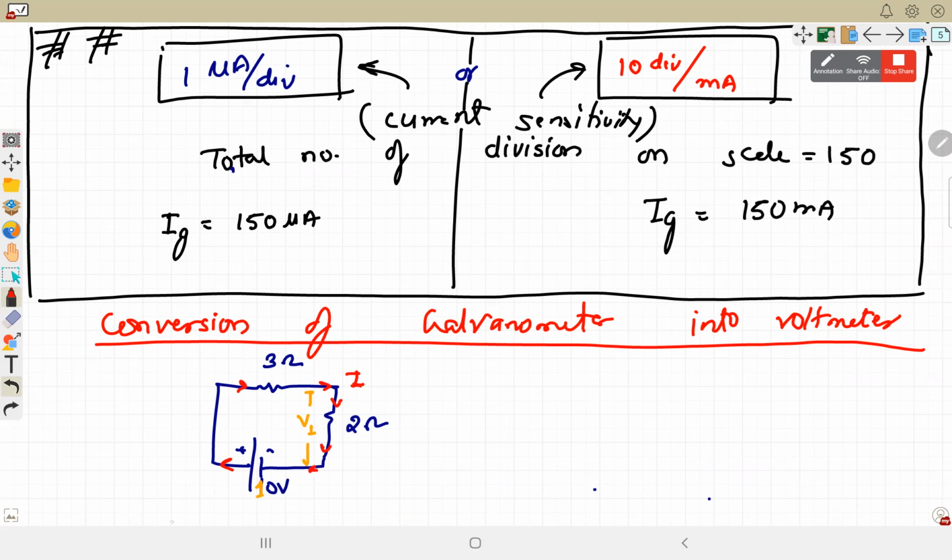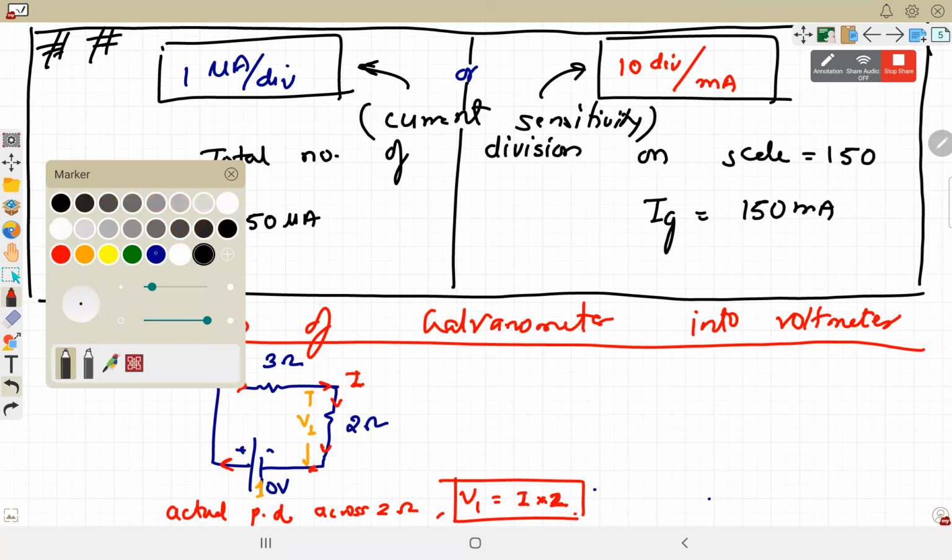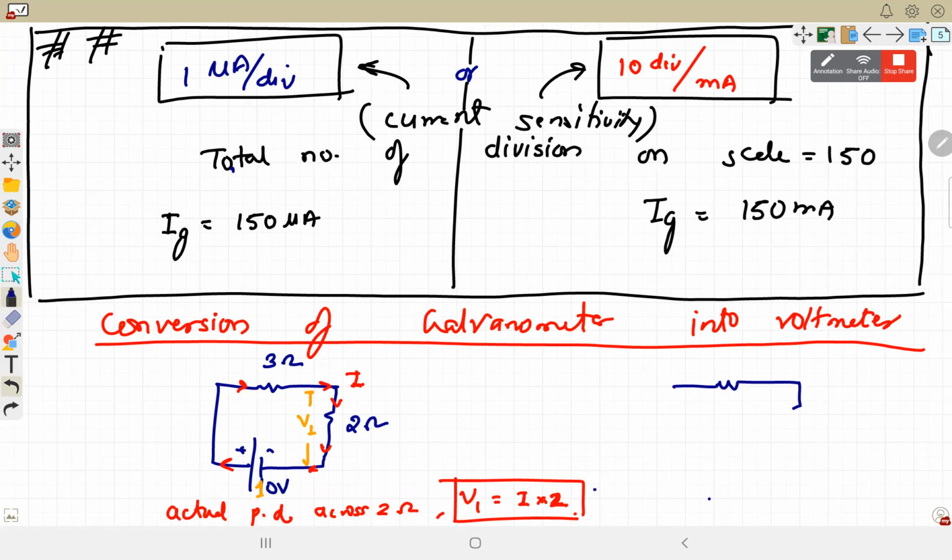So the actual potential difference across 2 ohm, V1, is I into R. Now we have connected the galvanometer in parallel like this, with the 3 ohm, 2 ohm, and 10 volt battery. We connected a galvanometer in parallel to this.